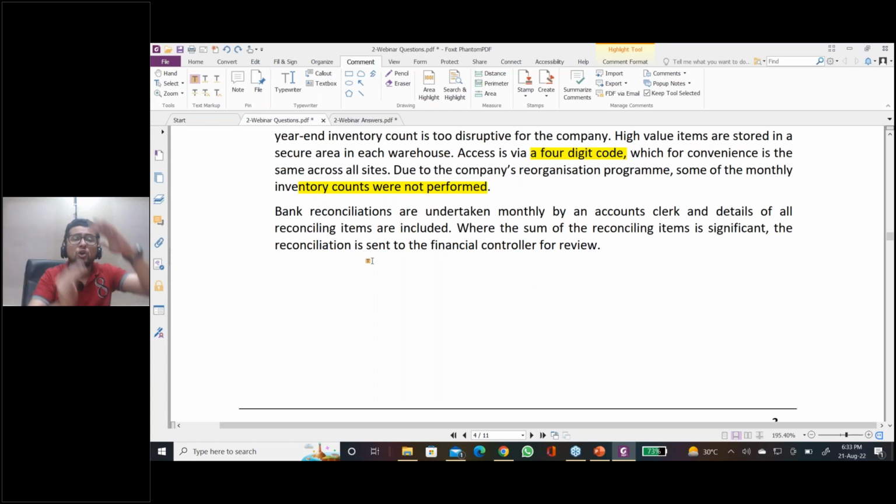What if there are compensating misstatements? Some of them are nullifying the effect of each other. So at the end of the day, the reconciling amount is a smaller one, but there are huge mistakes within the reconciliation. So ideally speaking, the financial controller should review the reconciliation at every occasion.